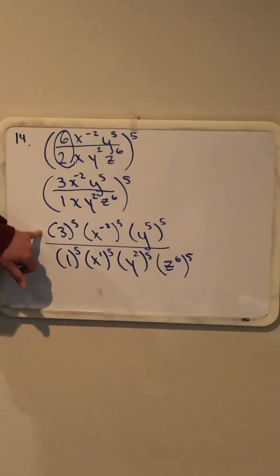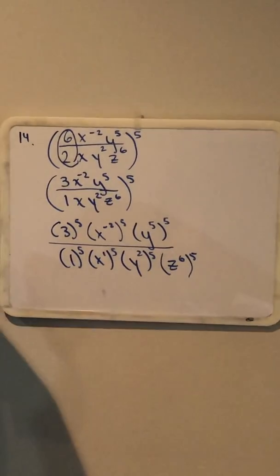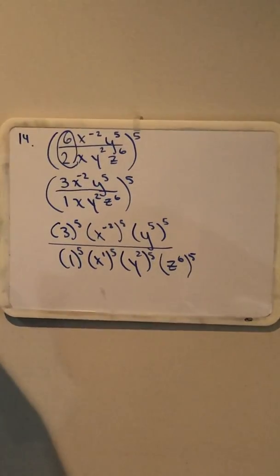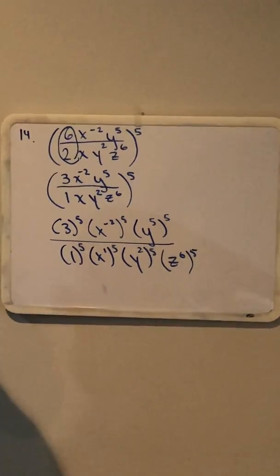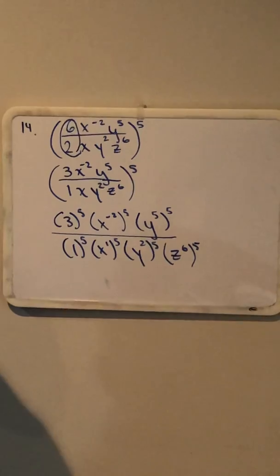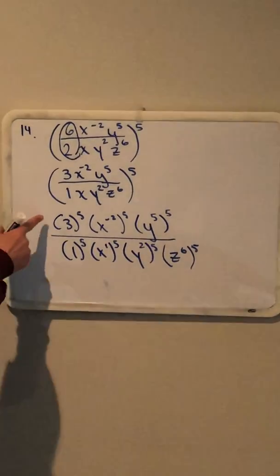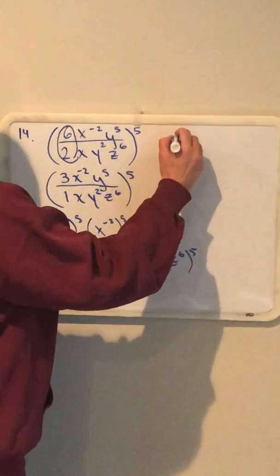3 to the 5th means 3 times 3, which is 9, times 3 makes 27, times 3 makes 81, times 3 makes 243. So this is 243.